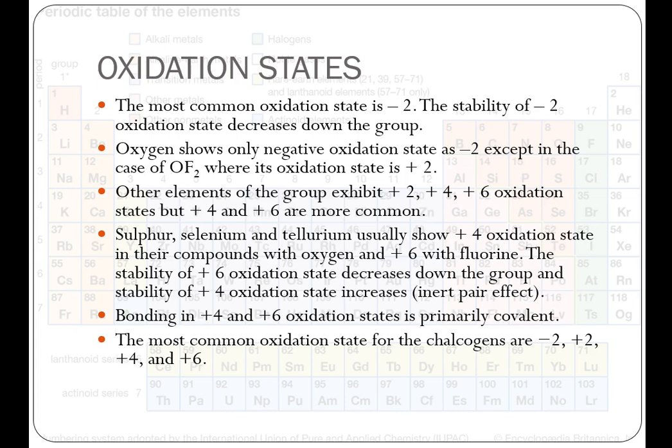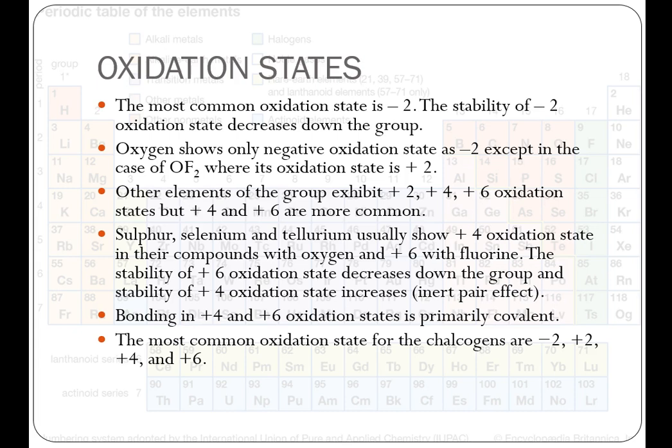Other elements of this group also show +2, +4 and +6 oxidation states as they are capable of forming covalent bonds. But +4 and +6 are more common. Sulfur, selenium and tellurium usually show +4 oxidation state in their compounds with oxygen and +6 with fluorine.